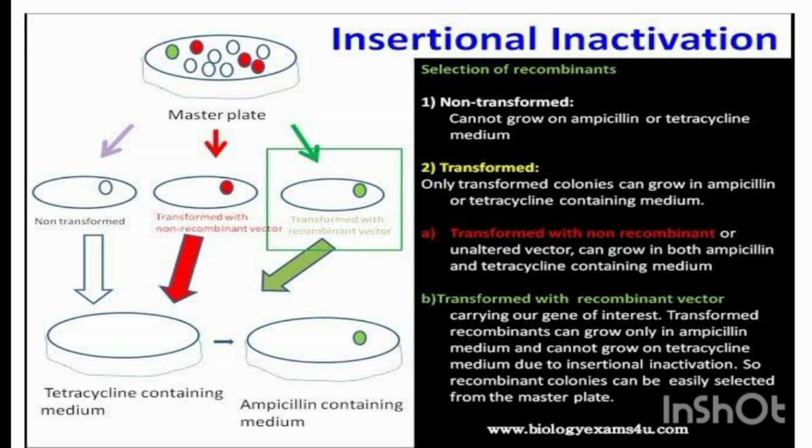There might be cells which are transformed, and they may be transformed with non-recombinant, so recombination did not take place, and there would be ones where recombination would have taken place. So when I talk about these kinds of transformants, what do I say? Non-transformed cells means I can always understand there is no transformation. It is the plasmid as it is. There is no change that has occurred. No restriction has occurred.